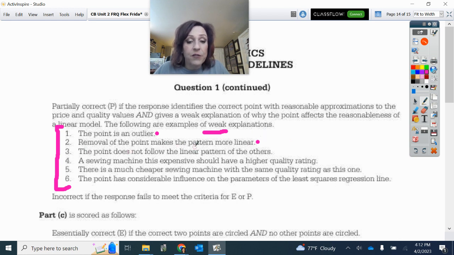The point does not follow the linear pattern of the others. A sewing machine this expensive should have a higher quality rating. There are much cheaper sewing machines with the same quality as this one. The point has considerable influence on the parameters of the least squares regression line.